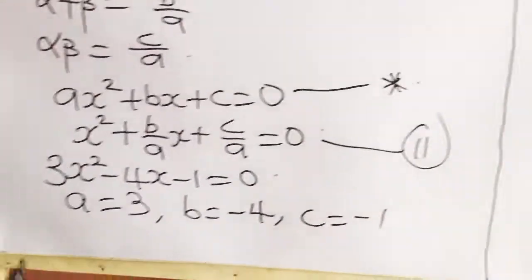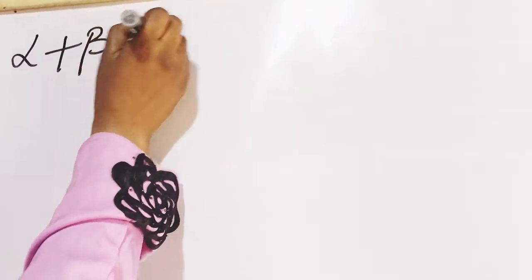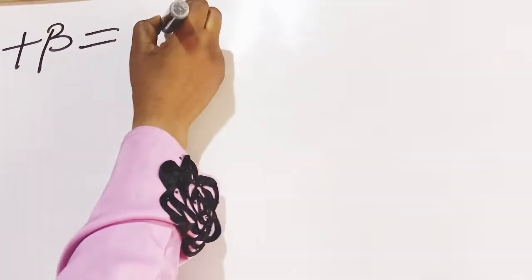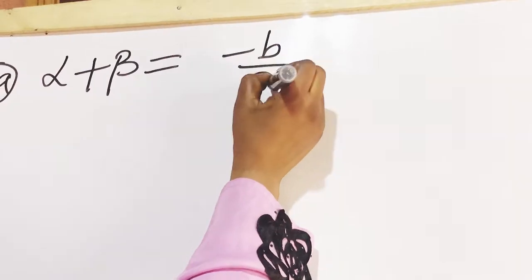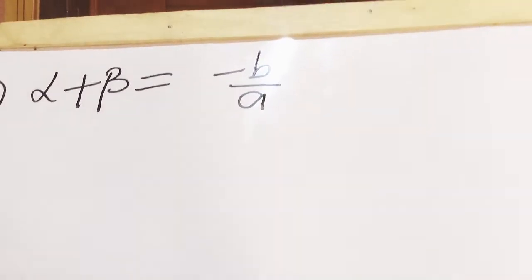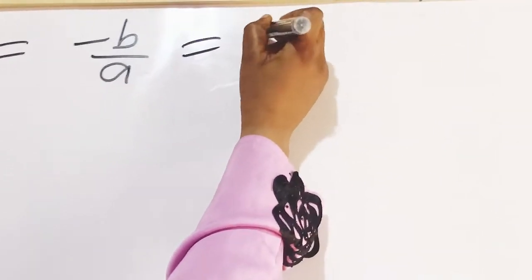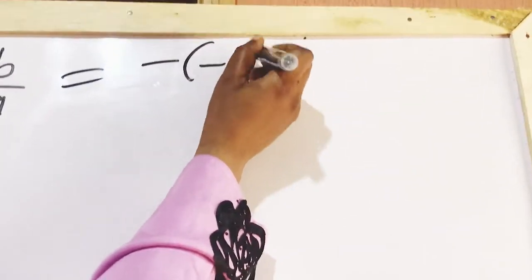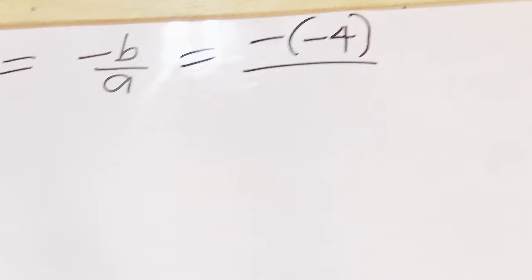So now what they ask us to find is the sum of roots. And we've said that sum of roots is equal to minus b over a. Anywhere we see b, we're going to put minus 4, so it means minus of minus 4 over a, and a is equal to 3.